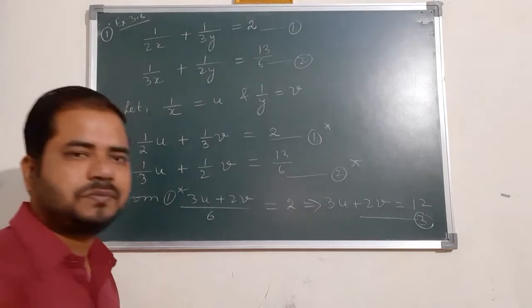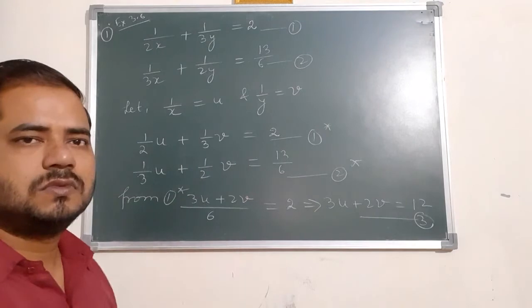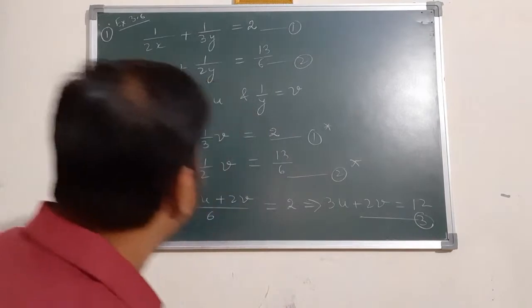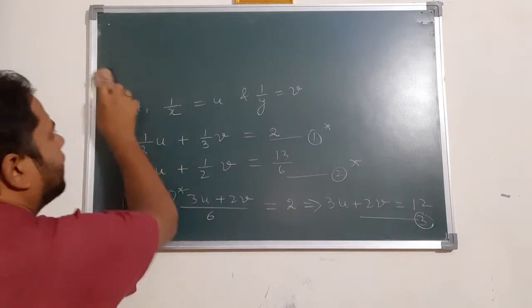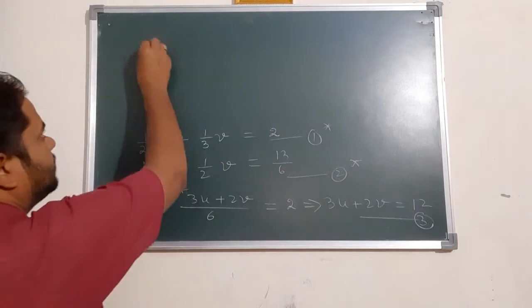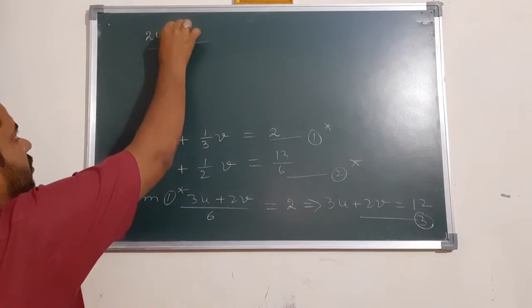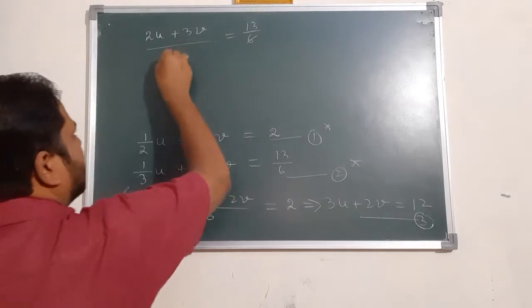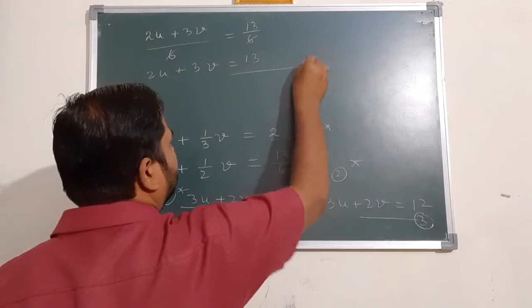Similarly we can solve the second one. Here 6 is the LCM, and this is 2u plus 3v is equal to 13, equation number 4.